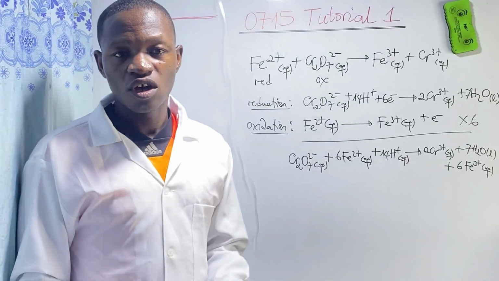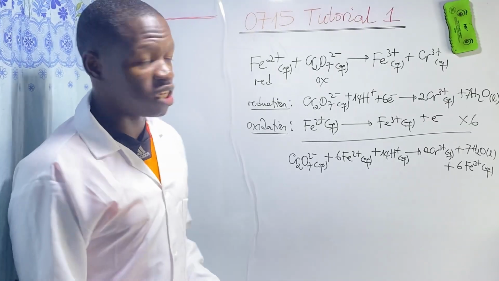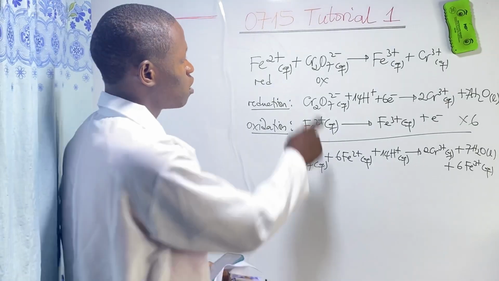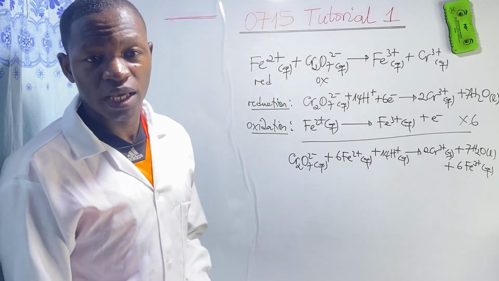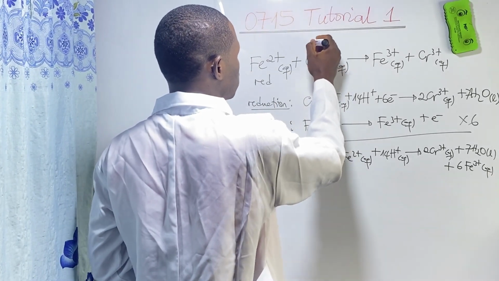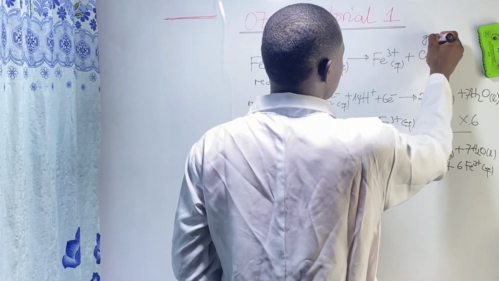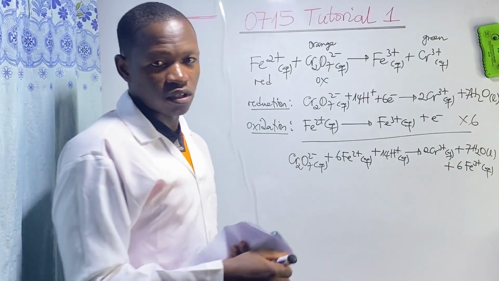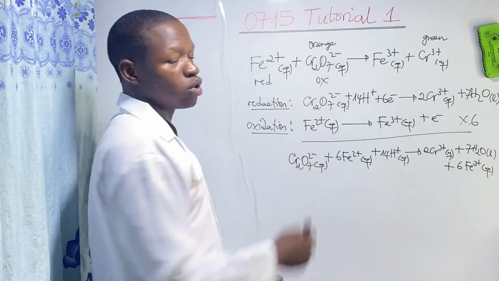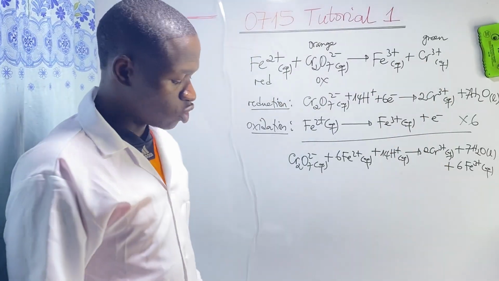Now if they ask us what is the color change in this redox equation, here you must know that dichromate has an orange color, while chromium 3 has a green color in solution. So what's the color change?